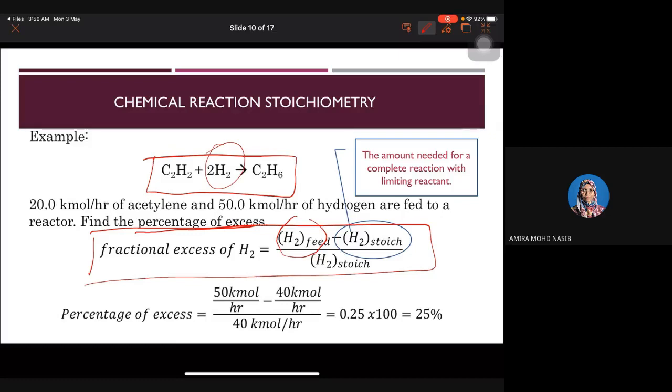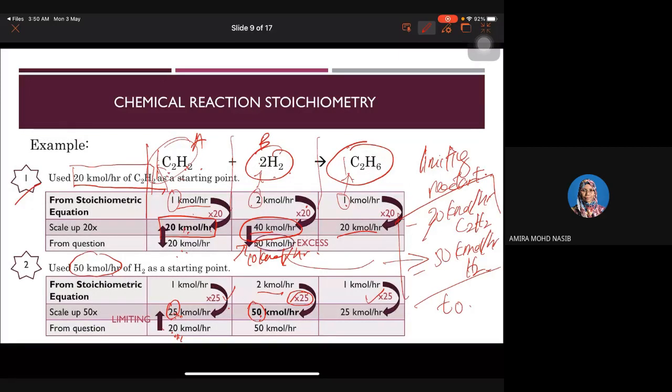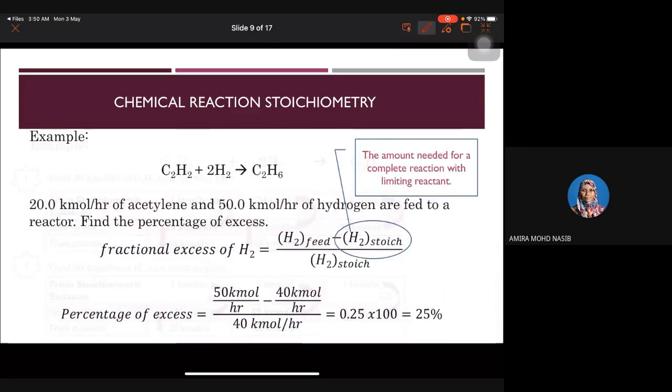So if they are asking for the percentage, you just times 100, as here. So from the equation, we know that we have 50 kilomole per hour minus 40 kilomole. How I get the 40 kilomole? From here. Because we assume at the end of the reaction, we utilize fully your limiting reactant.